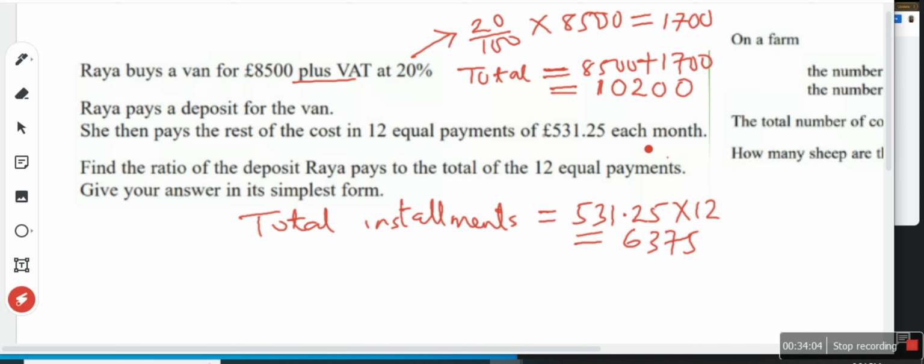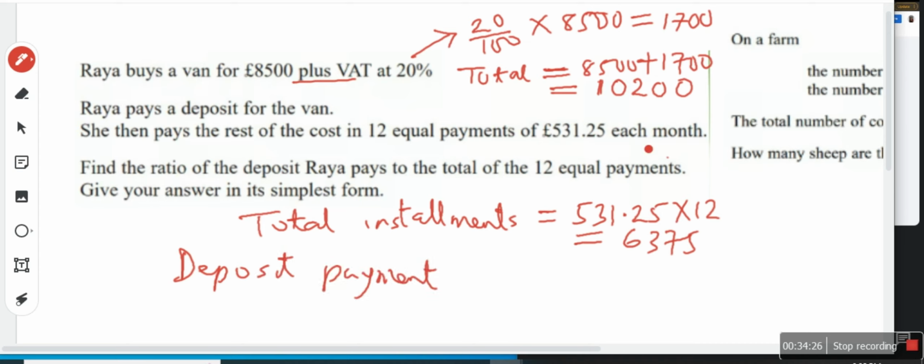So how much did he pay as deposit? This was the total thing, but this is what he paid in total if he was paying 531.25 in 12 different equal installments. So how much did he pay as deposit? The difference, of course, because this is the total thing he was supposed to pay initially, and then he was paying this 531.25 for 12 different times, which amounts to 6,375.